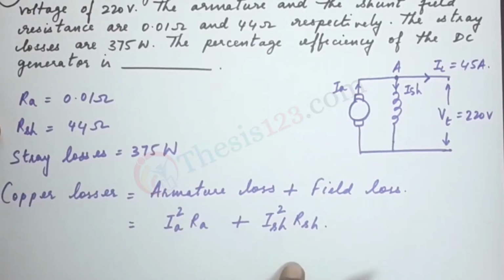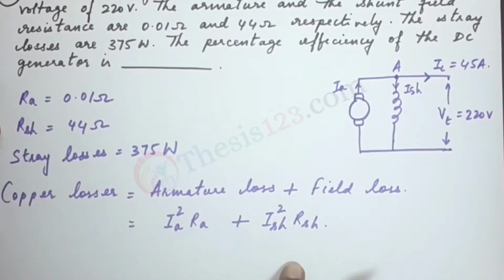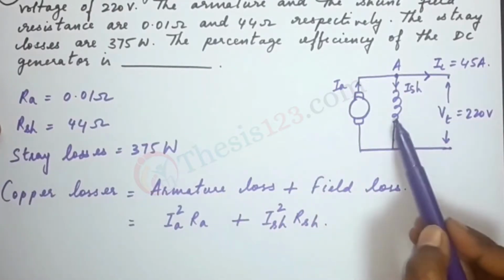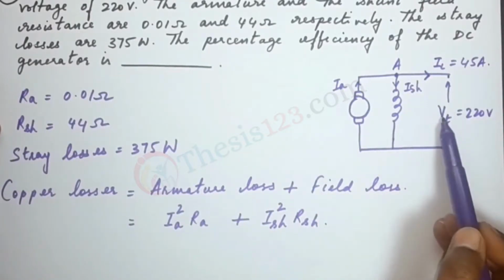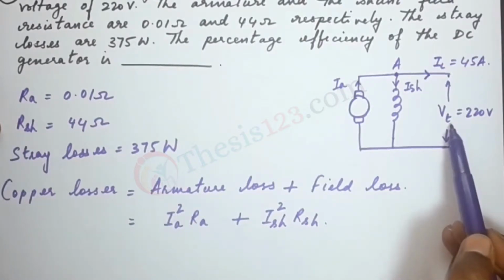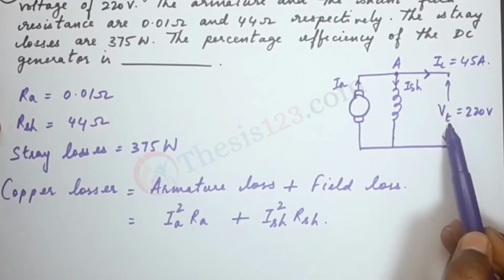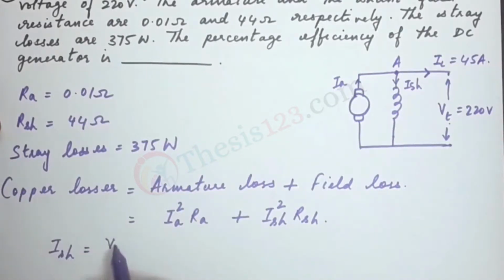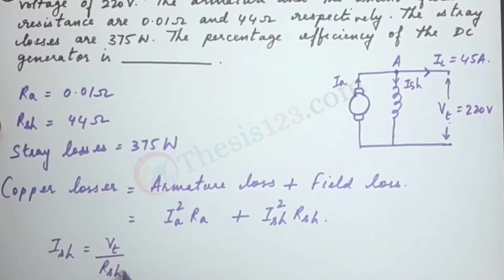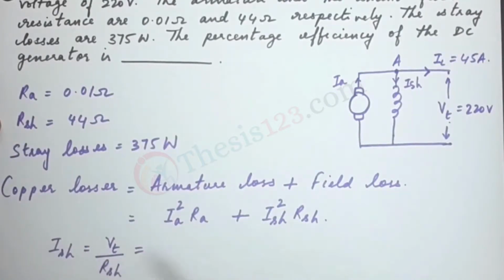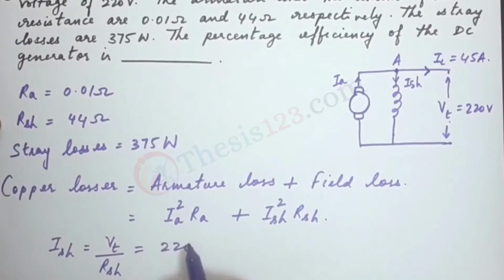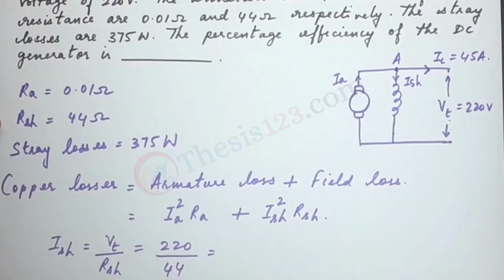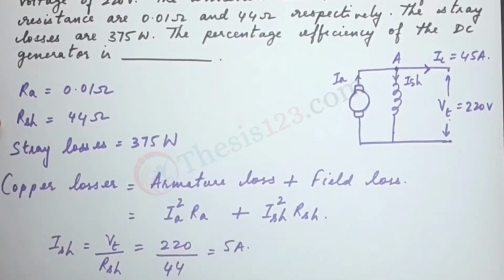Okay. So in all of this, let's first calculate the field current that we have. The field current corresponds to the terminal voltage given to us, so we can write Ish equals Vt divided by Rsh, voltage by resistance. So that's 220 divided by 44, and that gives us 5 amps.